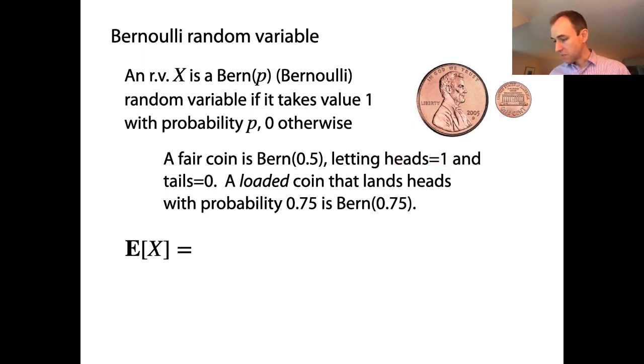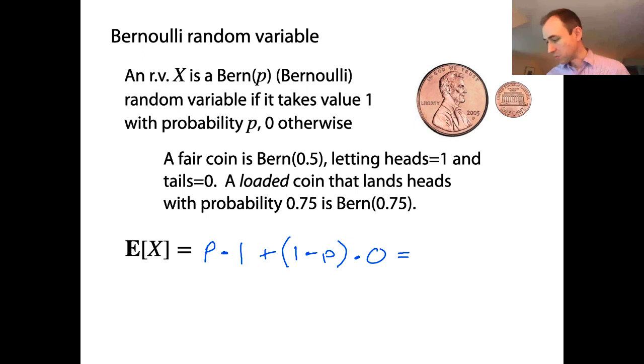So what's the expected value of a Bernoulli random variable, a Bernoulli P random variable? That's just P, right? That's simple. So the way we would calculate this in full would be, well, it's the probability of the outcome heads equals 1 times 1, since that's the value the random variable is mapping that outcome onto, plus 1 minus P times 0, the other outcome.